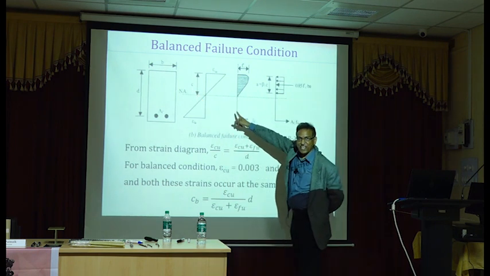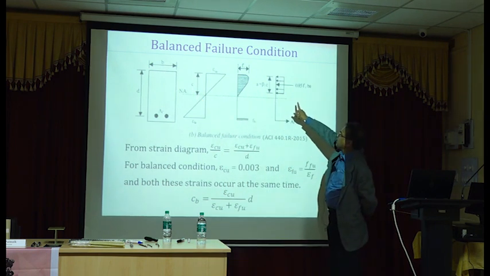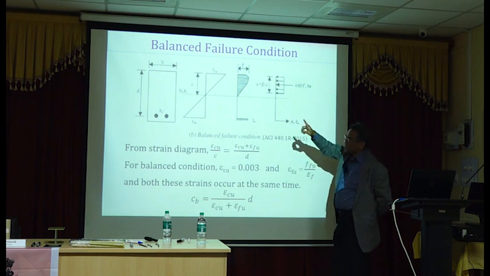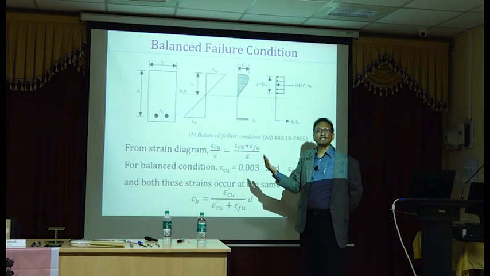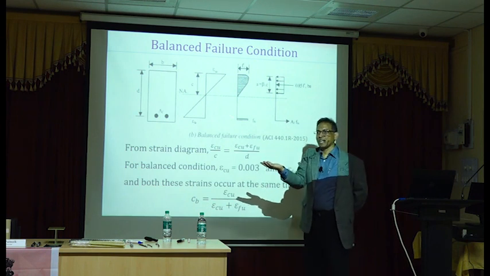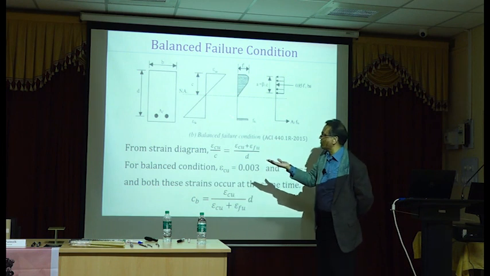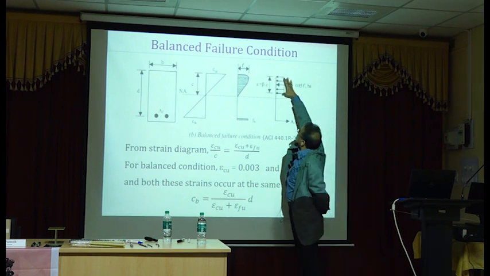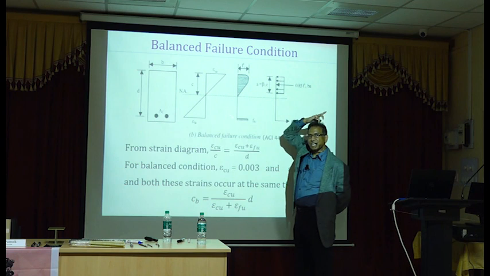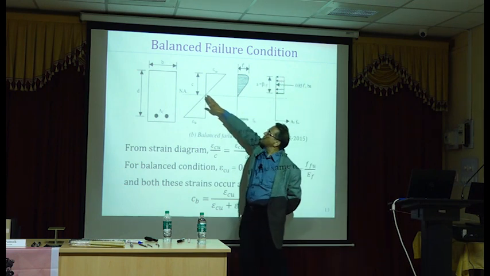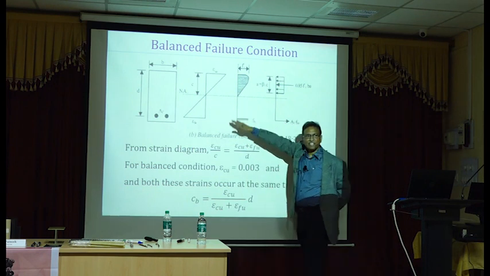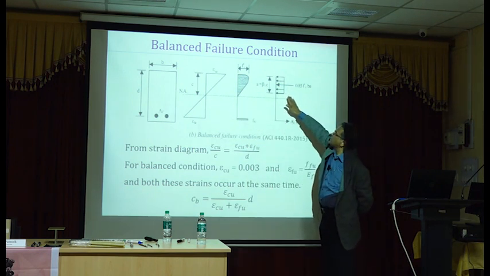Once you find out c, you can calculate beta 1, and if your compressive strength is less than 27.58 MPa or so, beta 1 is 0.85. Based on that you have this depth, right? Beta 1 times c is this depth. We already found out c from these similar triangles, right? So that's your beta 1 c.